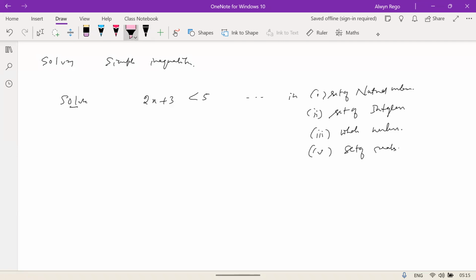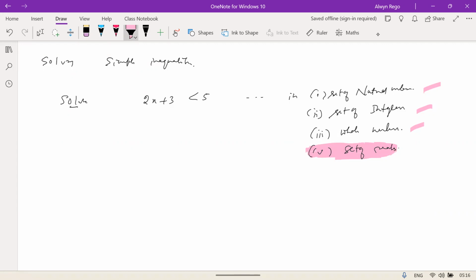Usually when they say solve, it goes without saying that they are asking for solving in the set of real numbers, because if they want you to solve in a specific set, like natural numbers, integers, whole numbers, or some specific set, then they will always mention it. Otherwise, solve means keep it general and solve it in real numbers.